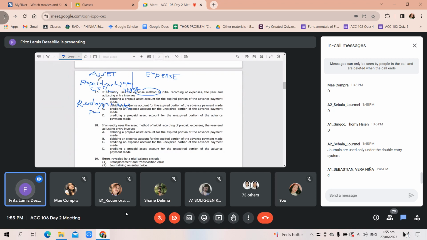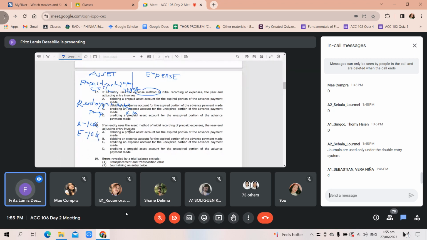So our prepaid rent goes from 20,000 to 10,000 after the credit of 10,000, and the effect is that we recognize an expense. So under the asset method, we have prepaid rent at the end of the year of 10K, and an expense at the end of the year of 10K.